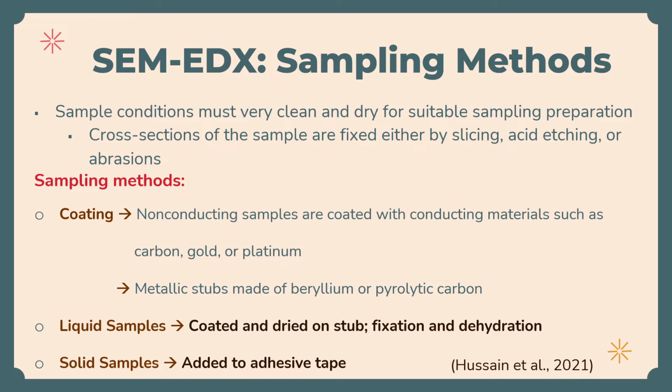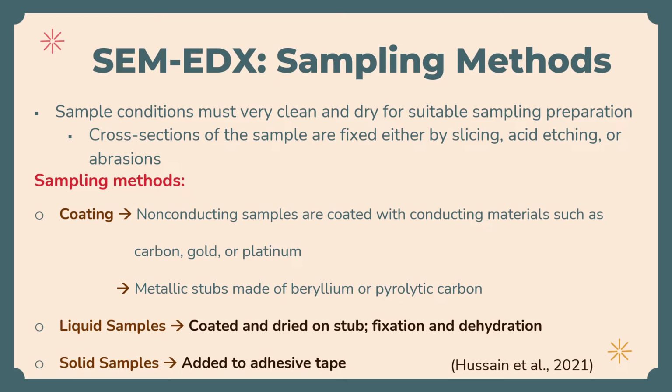So SEM EDX sampling methods. Within these sampling methods, the sampling condition must be very clean and dry. Proper sampling preparation allows for the best image clarity and detail of the sample.